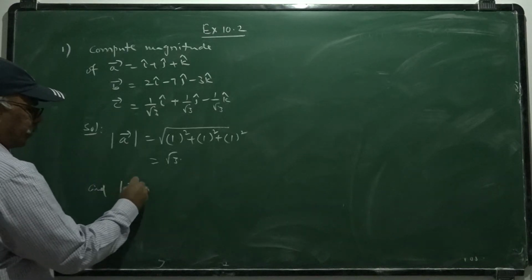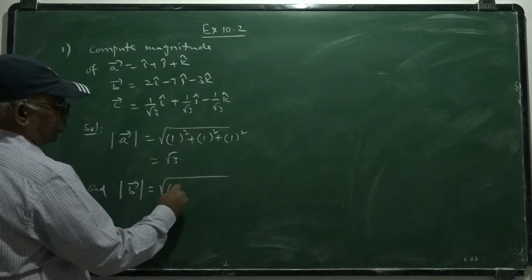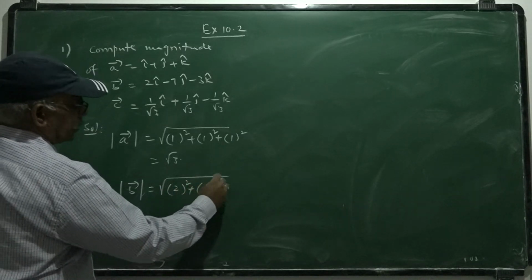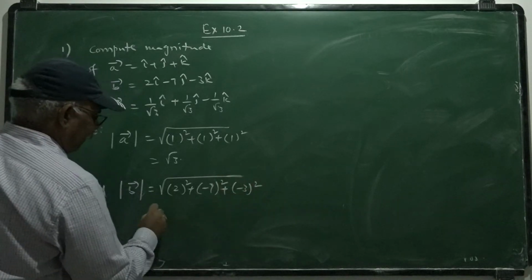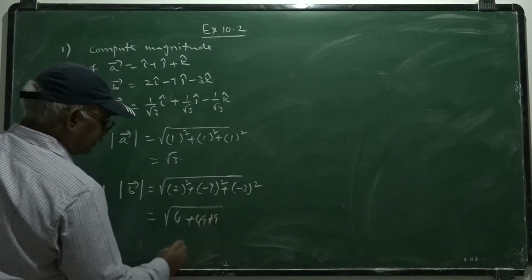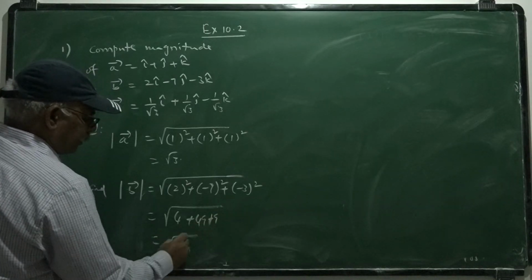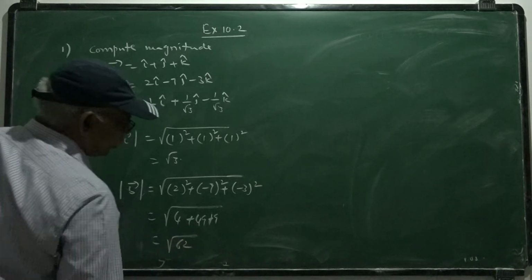And modulus of B bar is the square root of 2 square plus minus 7 square plus minus 3 square. That is 4 plus 49 plus 9, which is 53 plus 9, 62, root 62.